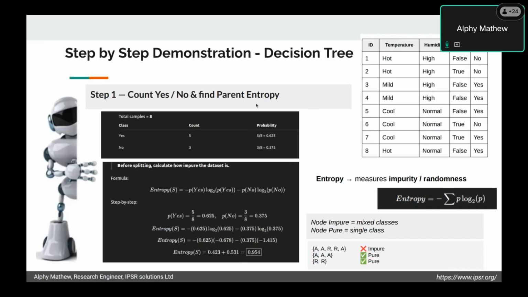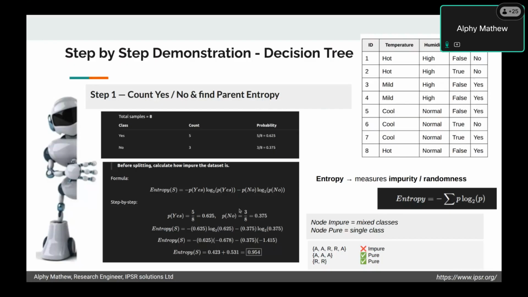So as the first step, we start with the entropy of the parent node, that is, the data. The computer needs to find it with pure mathematics. The formula is given here.